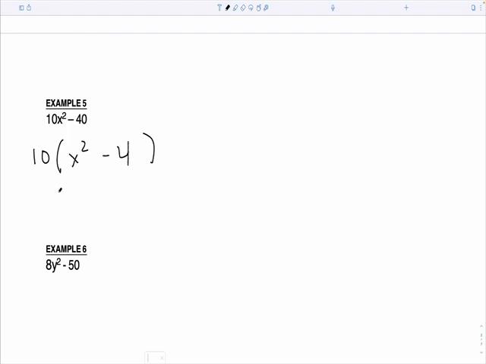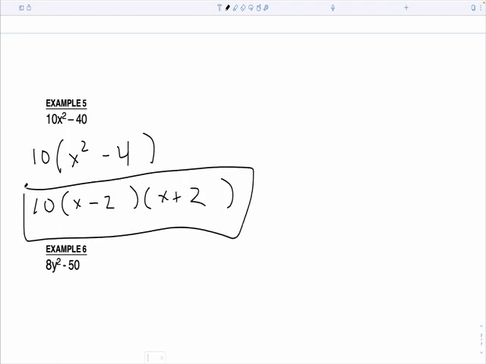Well, now that that's factored, it's easier for me to split this into two binomials. Don't forget the 10. What are my two binomials for this one, Tony? X squared minus 4. Oh, sorry. Next step. You got this. X minus 2 and x plus 2. Cool. That is your answer. Don't forget the 10 that's factored out.